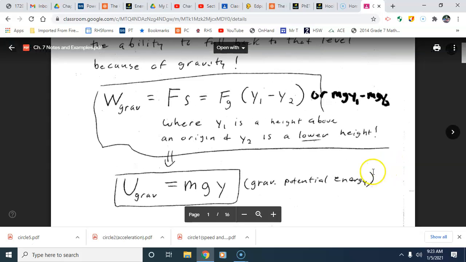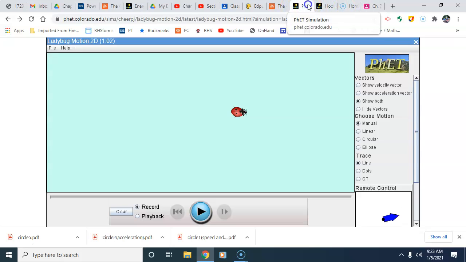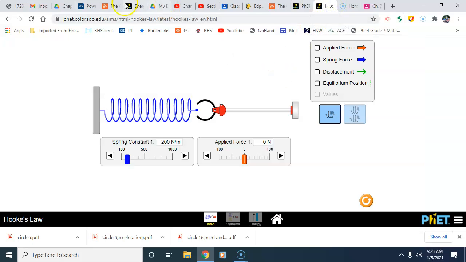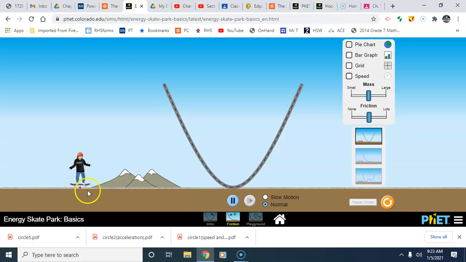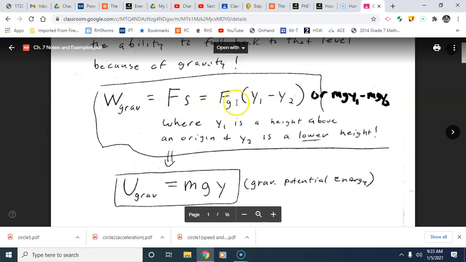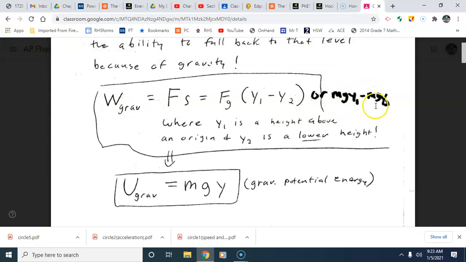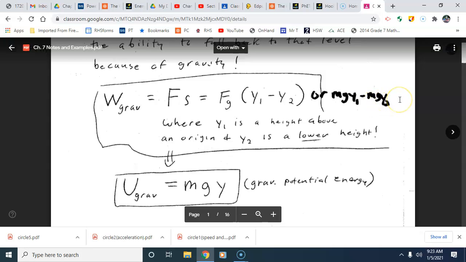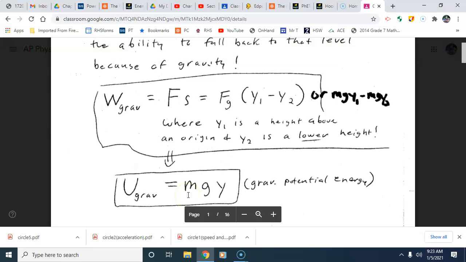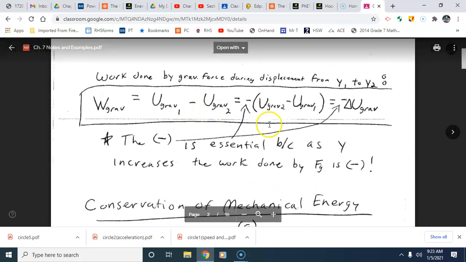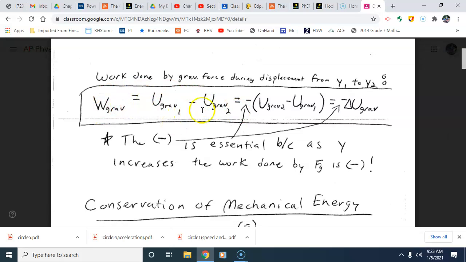Now, if the y1 position is 0, the reference level, then the formula for the work done by gravity, this piece is gone, right? y1 is 0, and we have negative mg times the y we lifted to, which is related to this formula. It's just not negative anymore, all right? Which led us to a little statement here of how we could relate those two together. So it comes from the idea of gravitational work with the opposite sign, essentially, okay?